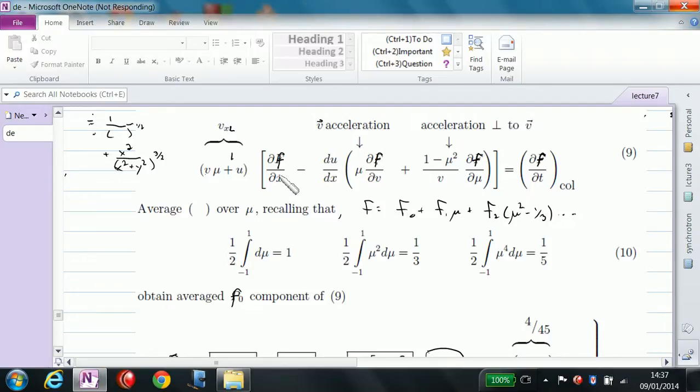So it's just Vx times tau times df naught dx. The mean free path in the x direction is Vx tau. So the term that creates anisotropy per unit time is just Vx mu over tau times df naught dx.